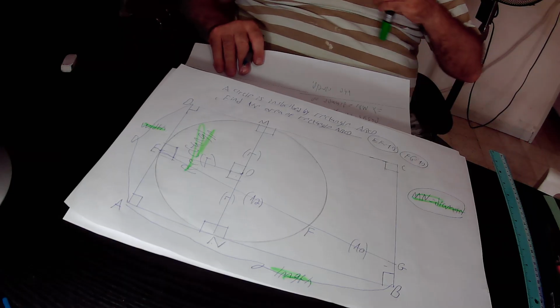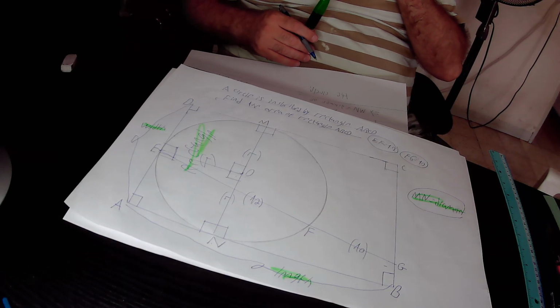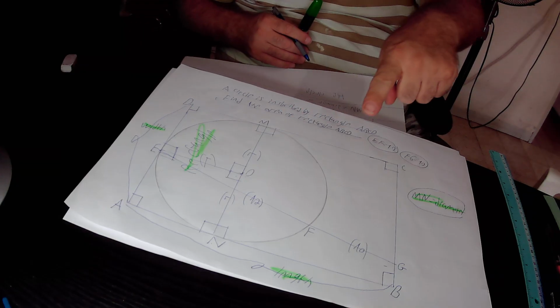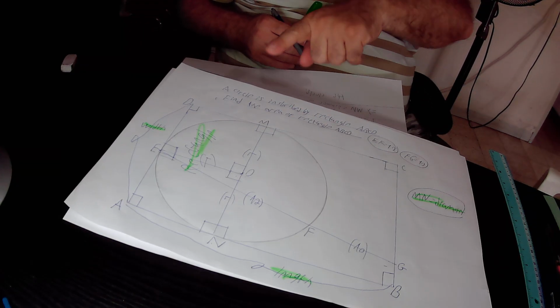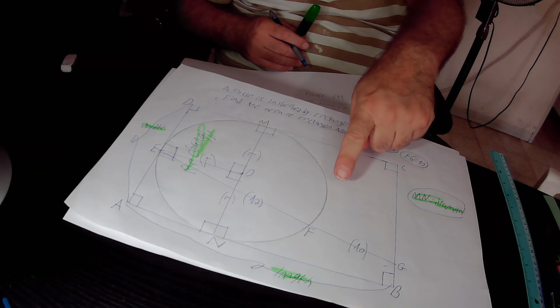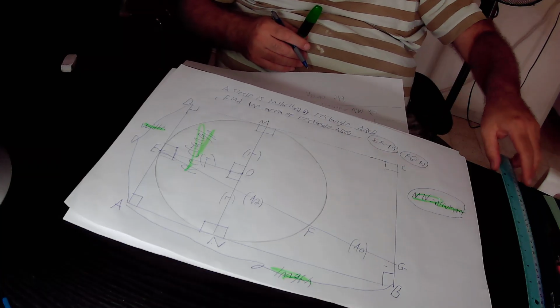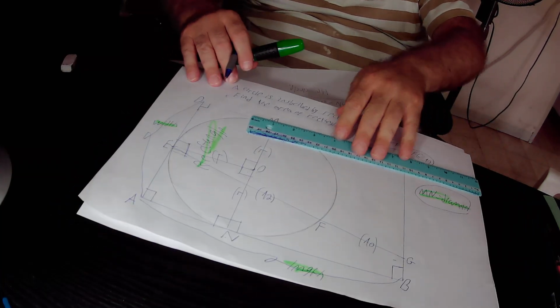In the next step, we'll extend the radius EO of this circle by a straight line until it touches the circle at this point.